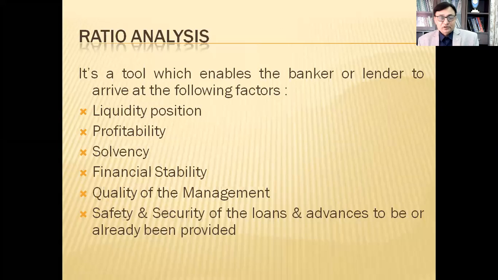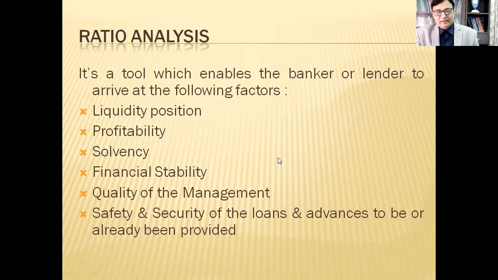And we want to be sure about the safety and security of the loans and advances to be or already provided to the company. So ratio analysis will help us to analyze all these positions, maybe liquidity, maybe profitability, maybe solvency, maybe financial stability, quality of management, safety and security of the loans and advances.